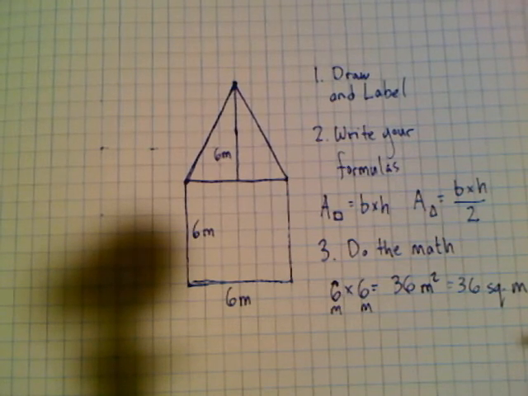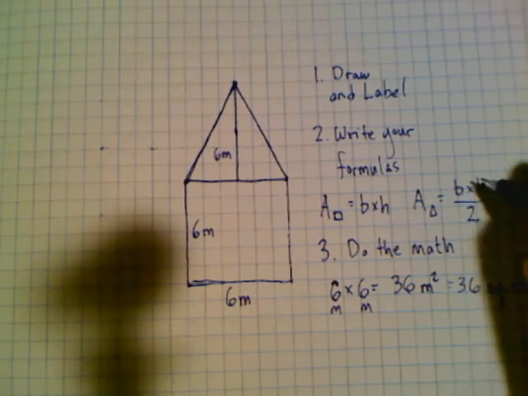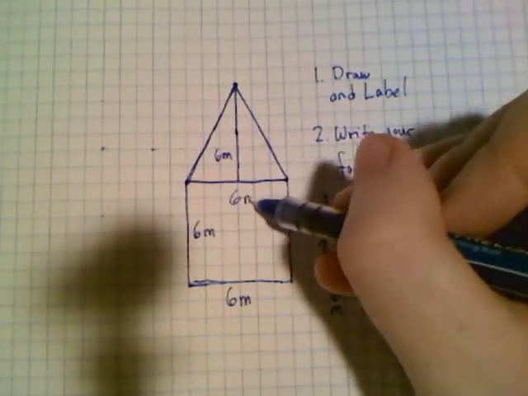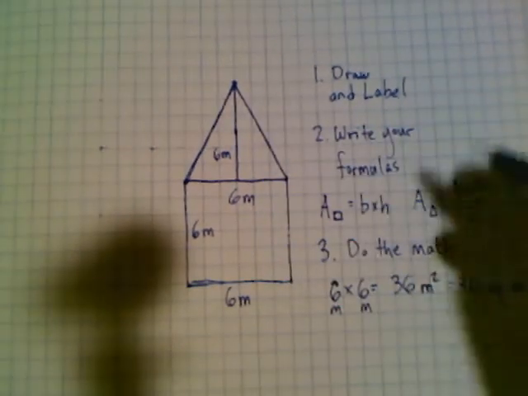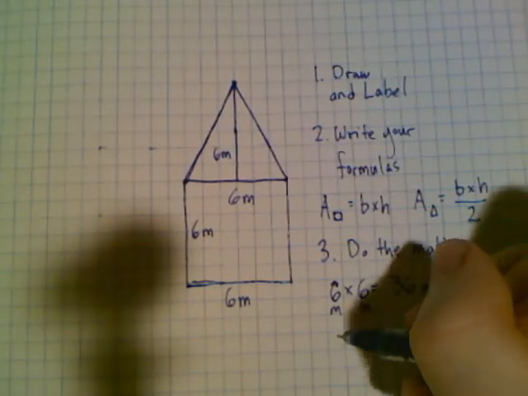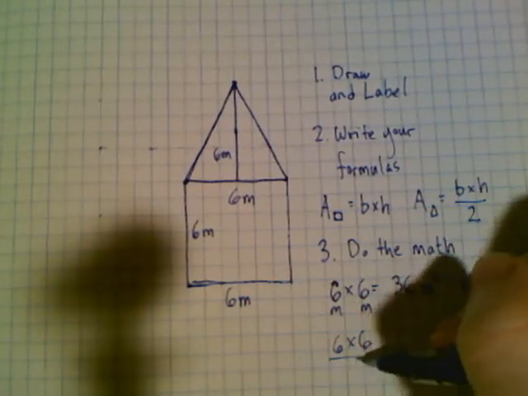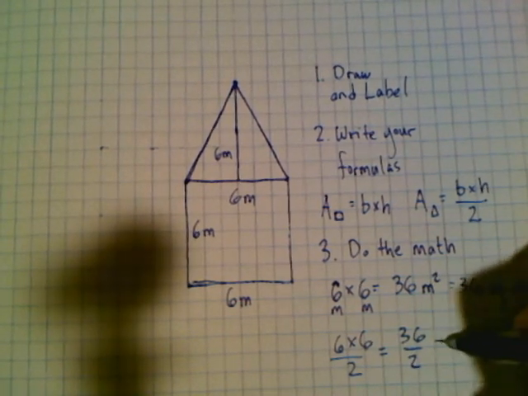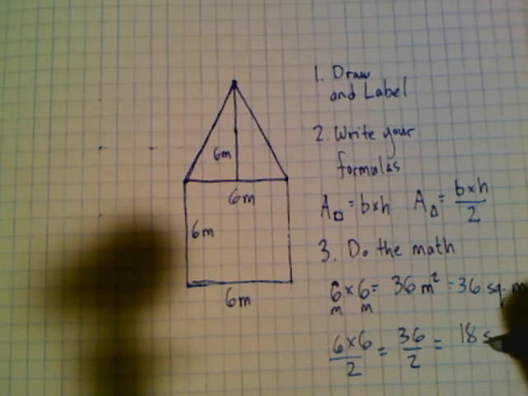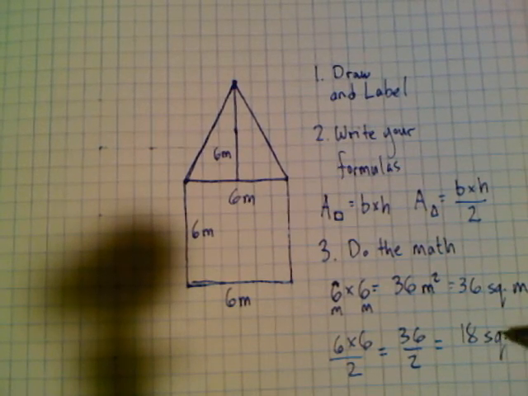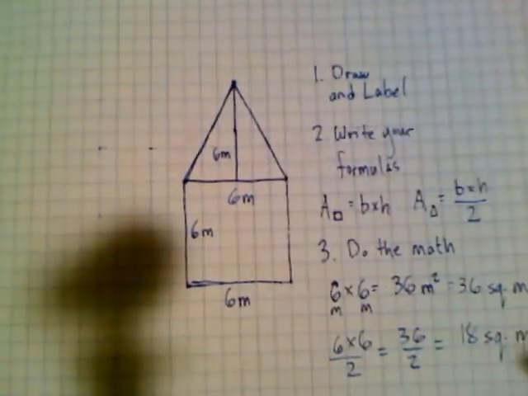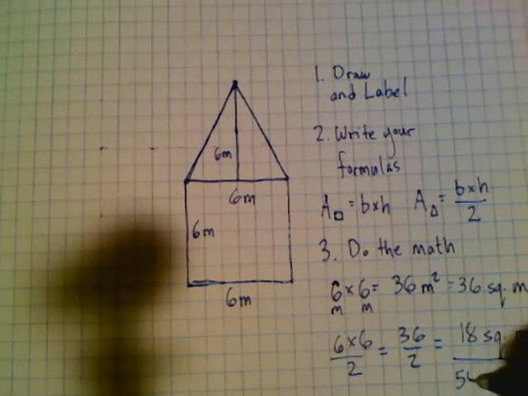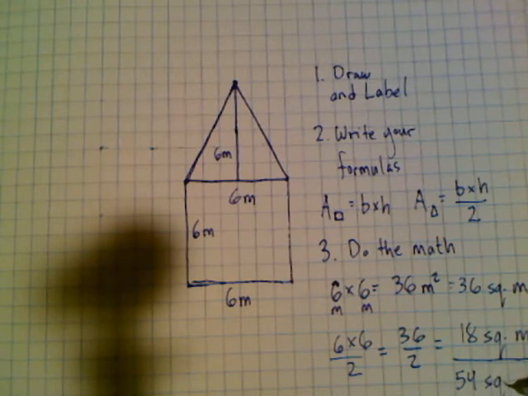They're both valid. Then we do the area of my triangle. Here the base is also 6 meters, and the height is 6 meters. So that's 6 times 6 divided by 2, which equals 36 over 2, which equals 18 square meters. I add my two sections together. 18 plus 36 is 54 square meters.